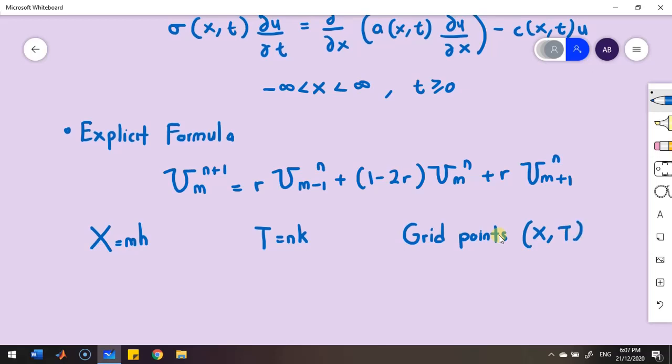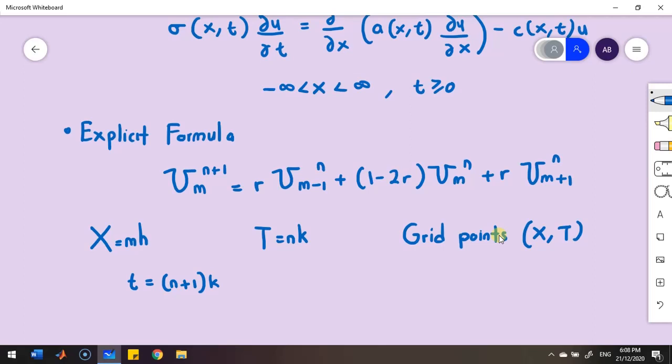So if m and n are 0, you have the origin. Now what this tells us is that the explicit formula involves only one grid point at an advanced level, little t equals (n plus 1)k.